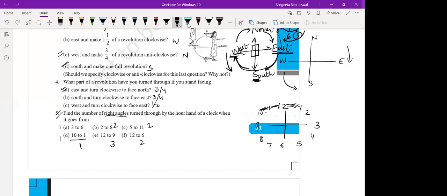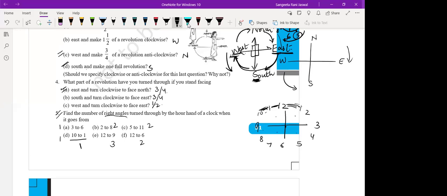Now 10 to 1. Neha, how many right angles? Ma'am, 2. From 10 o'clock to 1 o'clock, how many right angles? Ma'am, that's 1. 1 right angle. Good. Trilokya, from 12 to 9, how many right angles?